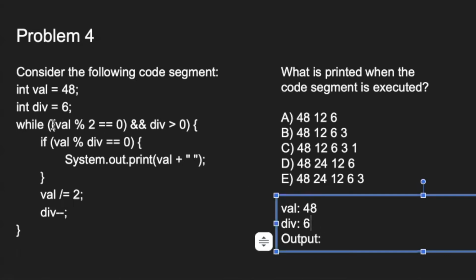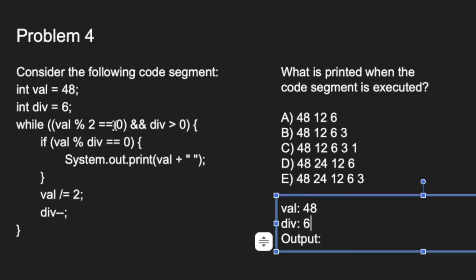So while val is even and div is greater than 0, if val divided by div yields a remainder of 0, so if they're divisible, then you print out val and then a space, and then after that you do val divided by 2 and div minus minus.